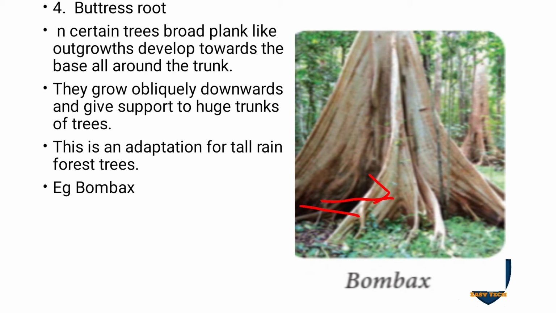It is the adaptation for tall rainforests. Example, Bombax. Tall plants are there, so it gives additional support to keep the plant standing firmly during rain or cyclones like that. So they are acting as buttress roots.